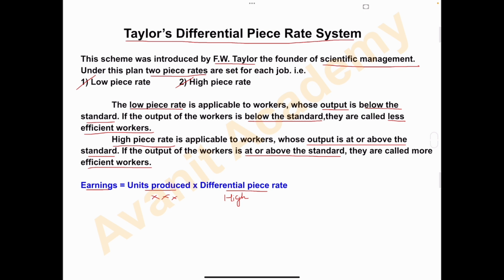And if their output is below the standard or below the target, to them we have to apply low piece rate. Got this? Let's solve the problem on Taylor's differential piece rate system.